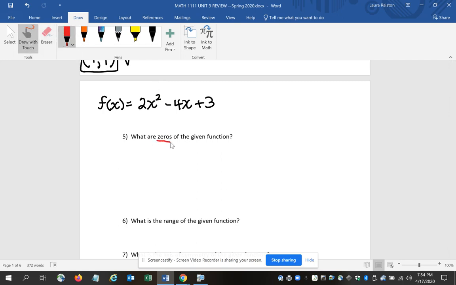So you have the word zeros that also implies x-intercepts. It's also called solutions, or sometimes you even see the word factors.